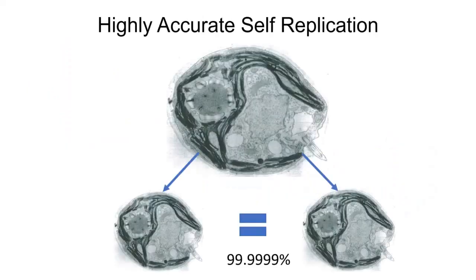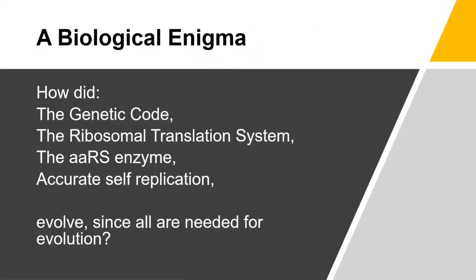Everything you've just seen is part of how it is that we are able to have such high accuracy self-replication of cells. The final accuracy is 99.9999%. Now this leads to an enigma, a biological enigma.